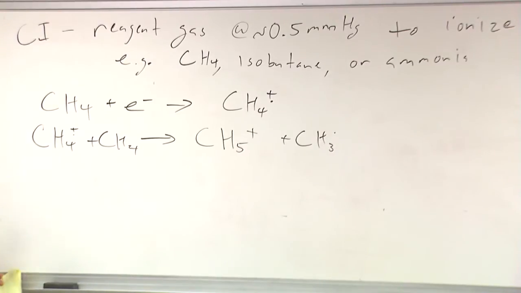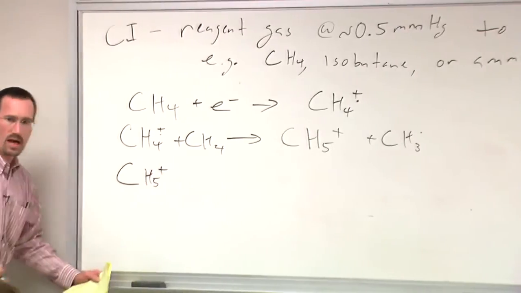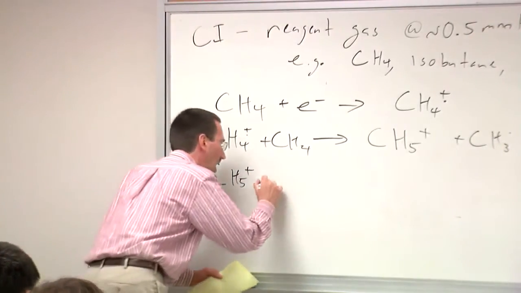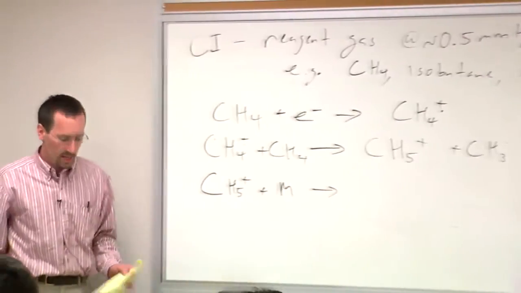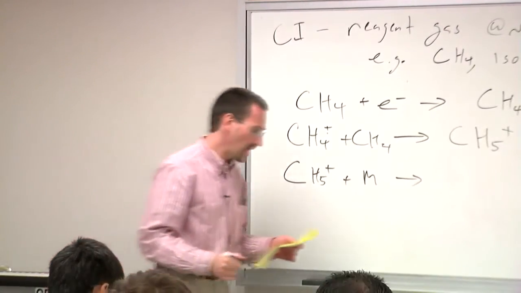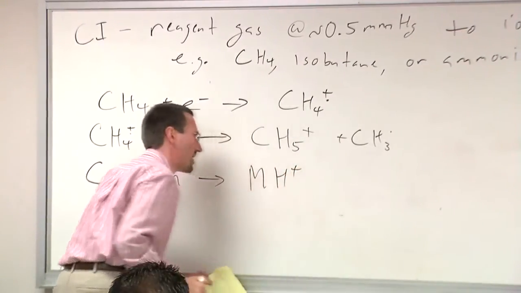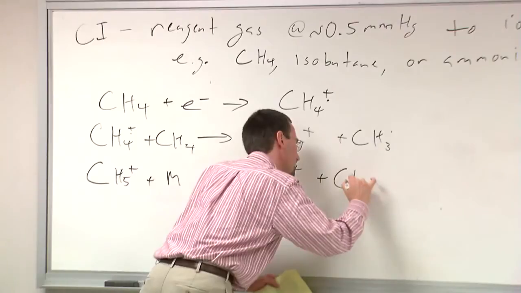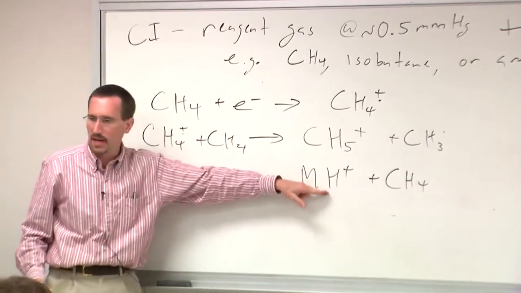So now when you have this very strong acid, CH5+, and it collides with your molecule, which has come off of the heater coil, now it transfers a proton to the molecule to give you MH plus and CH4. And that's very easy to conceptualize.